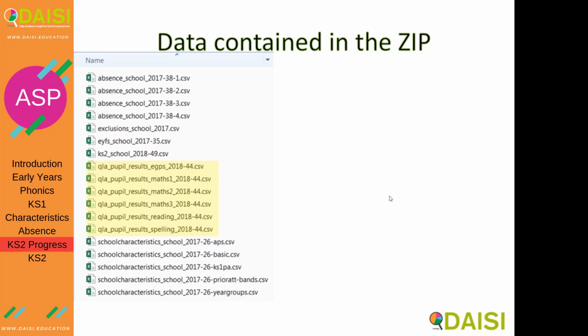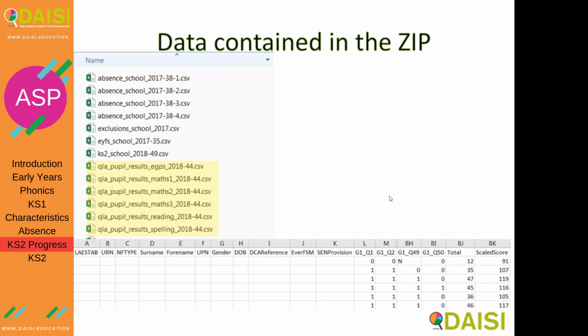Instead, if you open up Excel and open them in Excel, you will see you have your pupils' names, characteristics and so forth, and then what they got for each individual question with an N if they have not attempted the question. So this is information that you can get through the question level analysis from the ASP website.